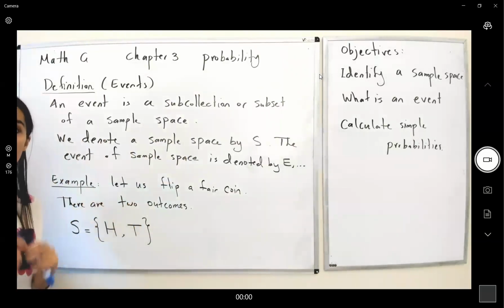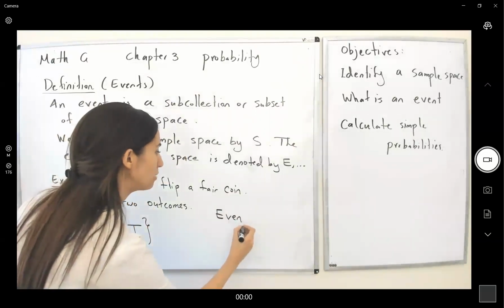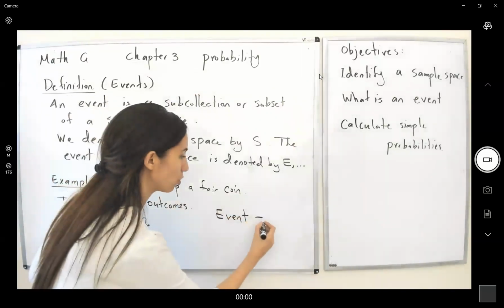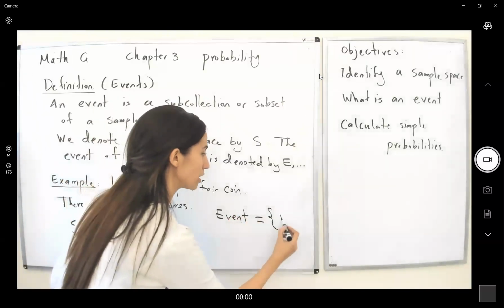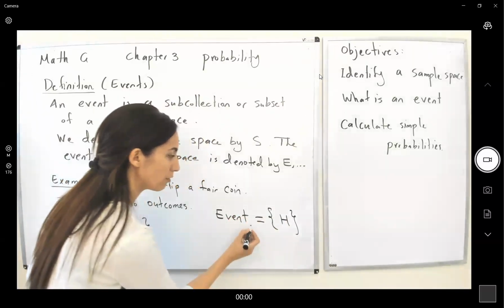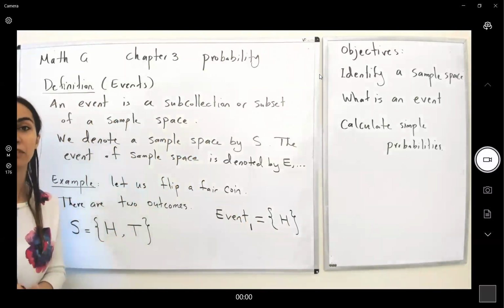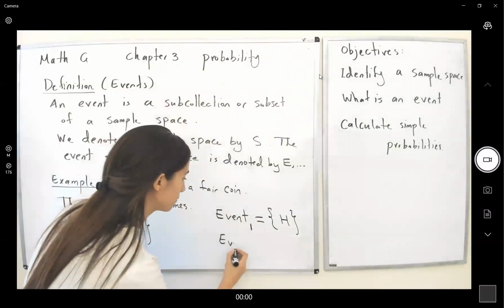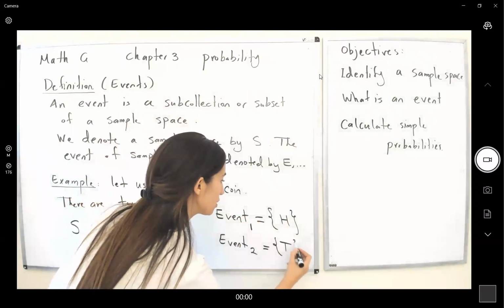So the first event can be having head. Since it's a subset, we're going to write set notation for it. Event 1. Or another event can be having tail. So event 2 can be having tail.